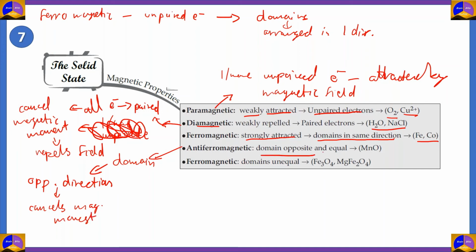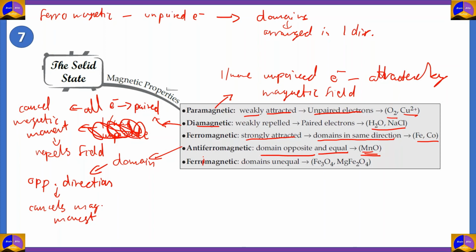An example for an antiferromagnetic substance is manganese oxide, MnO. Mn stands for manganese, and MnO is manganese oxide.